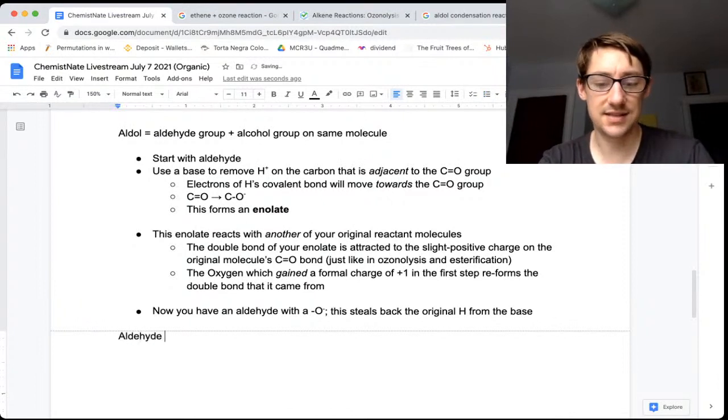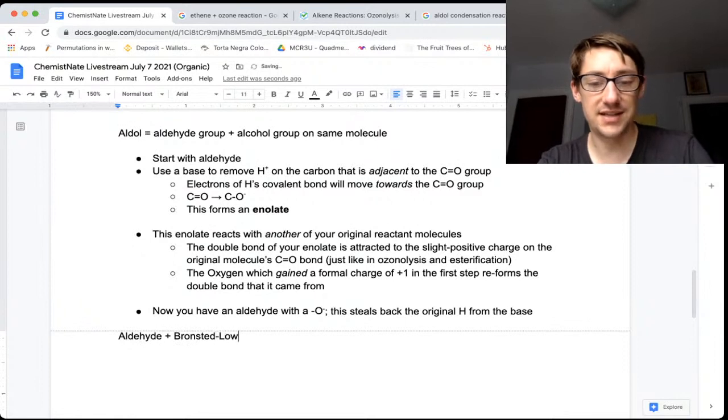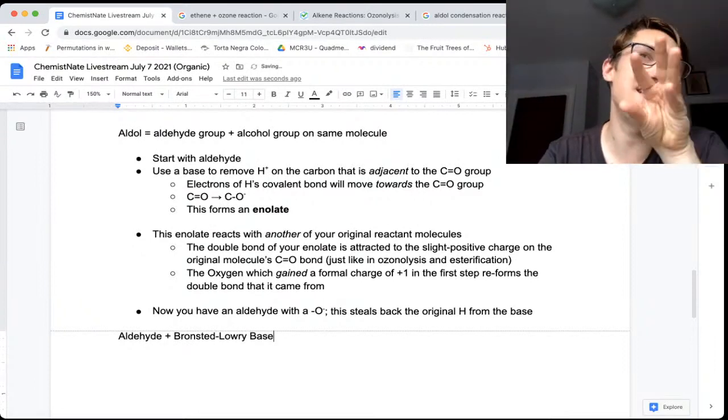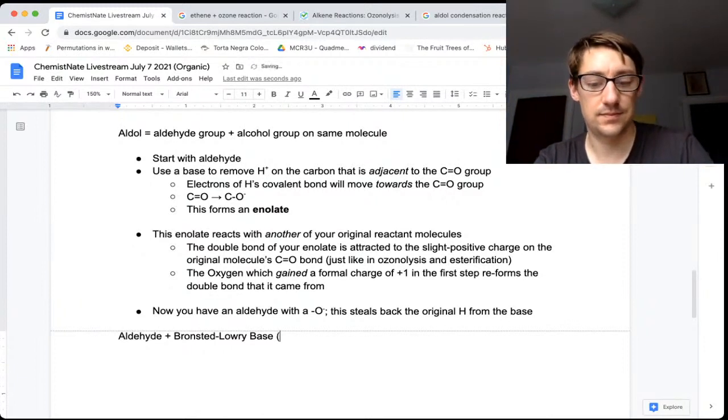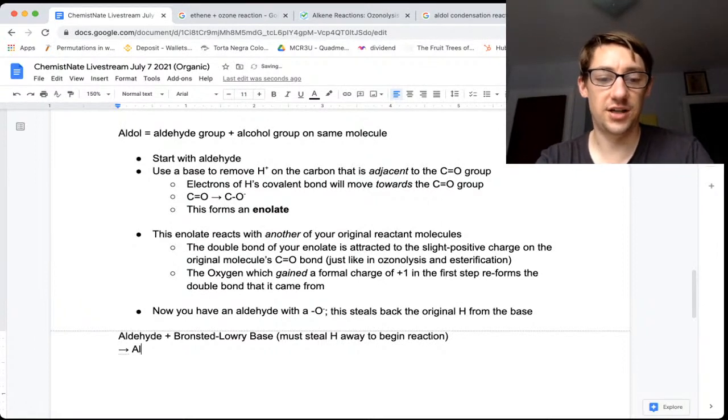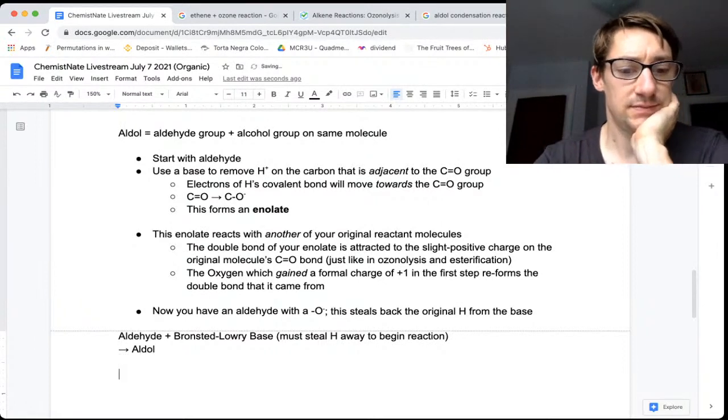Aldehyde plus, I would venture to call that a Bronsted-Lowry base because it's literally stealing the H away. And you end up with an aldol out of that.